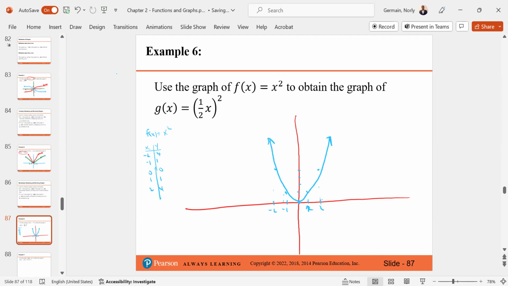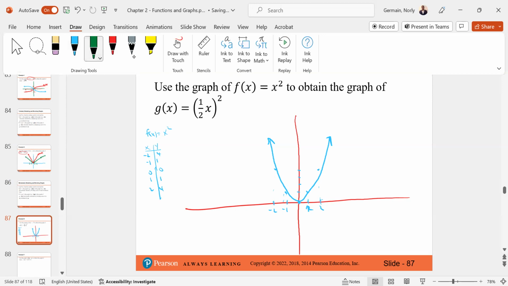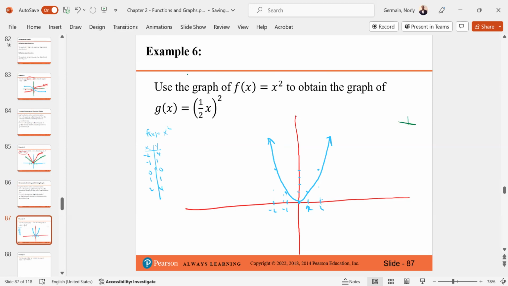Now, look at what happens when we have 1/2. I'm going to use a different color. Let's choose green. Instead of f of x, we're going to say g of x equals 1/2 x to the power 2. We take -2, -1, 0, 1, and 2 as well.